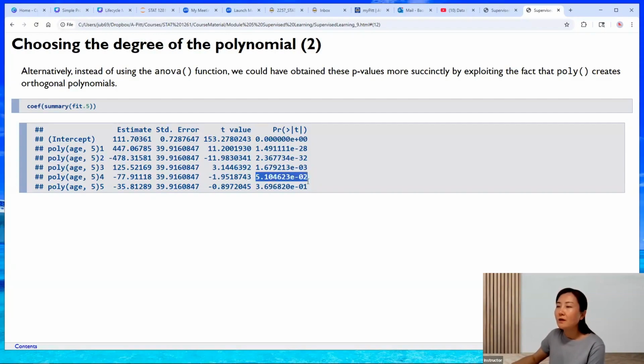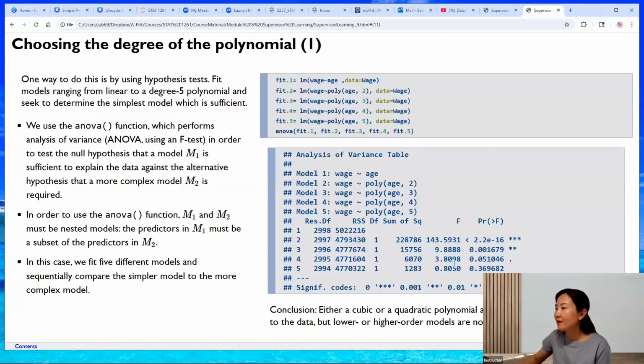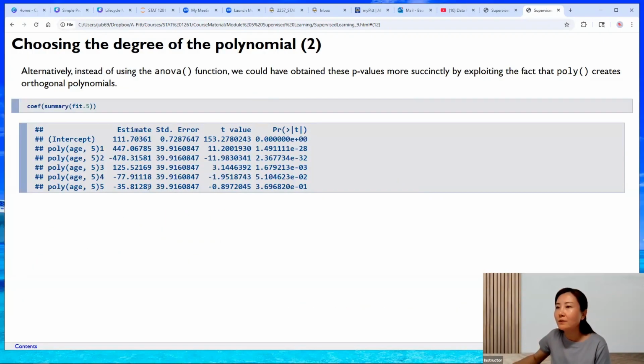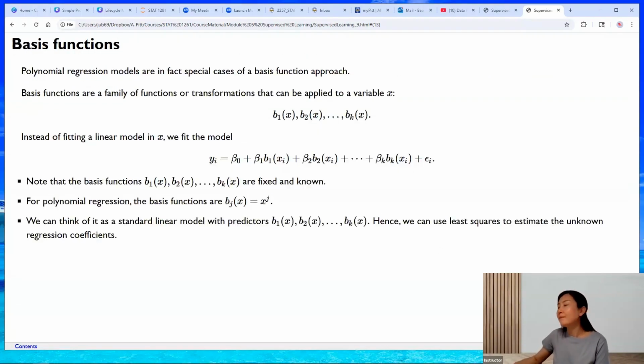Each of these t-tests is based on the marginal contribution of the term. Anyway, it's hard to explain, but this is consistent with the result. You can check the p-value, for example, for degree 5, this is 0.37, right? Same thing. All right, let's quickly move on to the next step, basis functions.